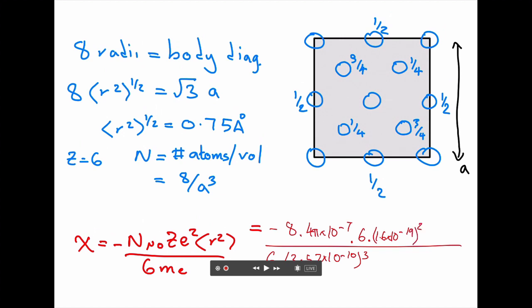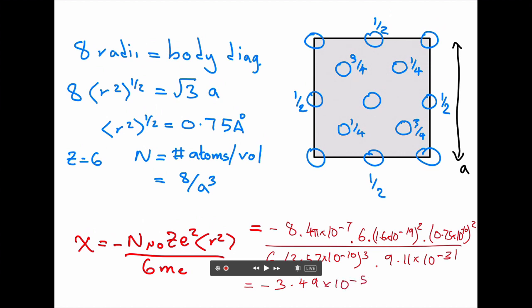Okay. I've got my 0.75 angstroms. Okay, and what else have I got? I need to have the electron mass on the bottom, so I need to have 9.11 times 10 to the minus 31. And if I pop all that together, that gives me minus 3.49 times 10 to the minus 5.